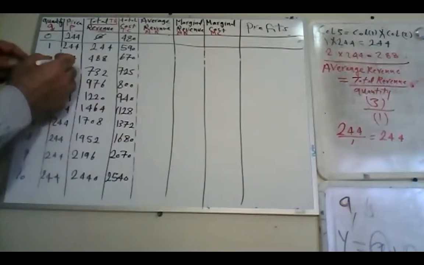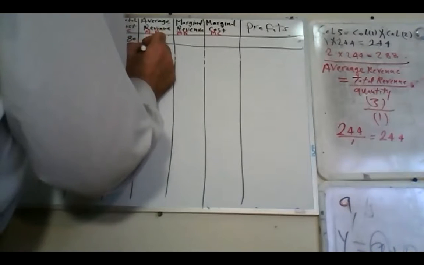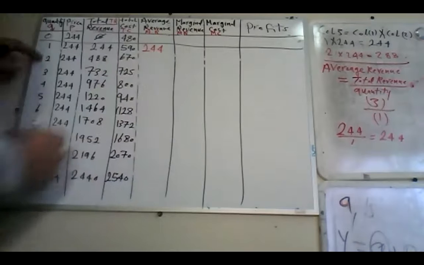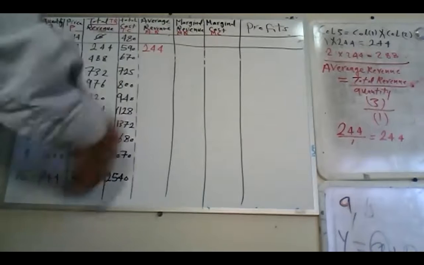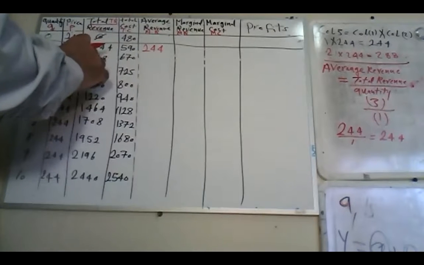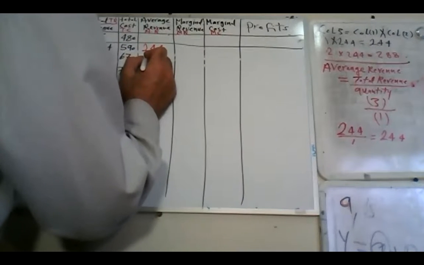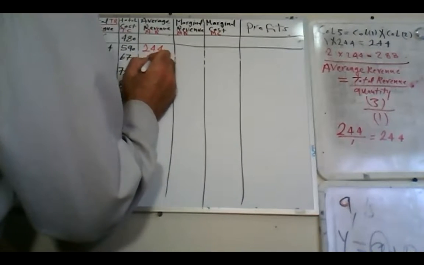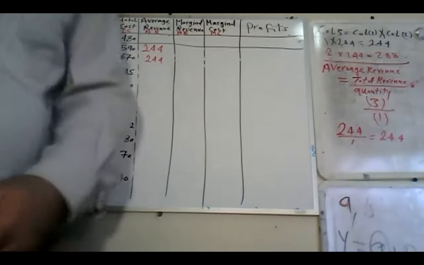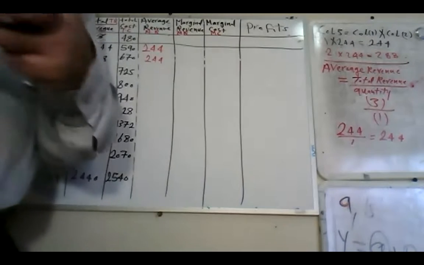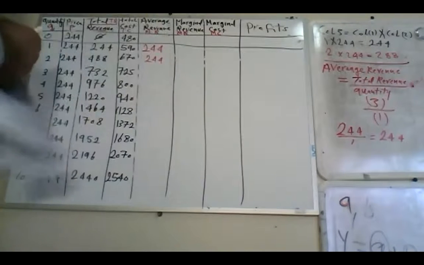So the average revenue here is 244. Then 488 divided by 2 gives me 244 again. Right? Then we go to the next, and we complete the whole column this way.